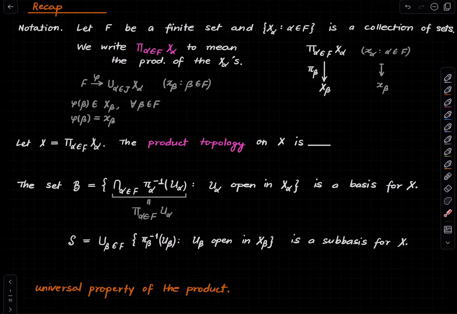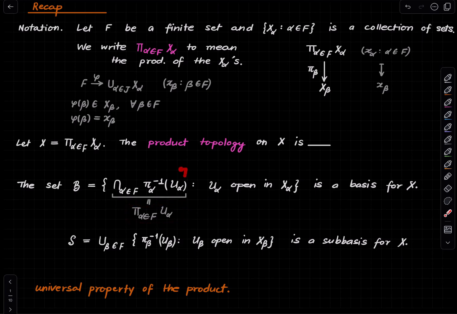So what did we say about the basis? What you can do is for each X alpha, you pick an open set in X alpha and you take the product of all of them, right? So this product is a subset of capital X.